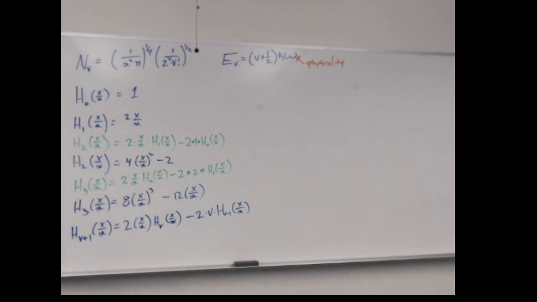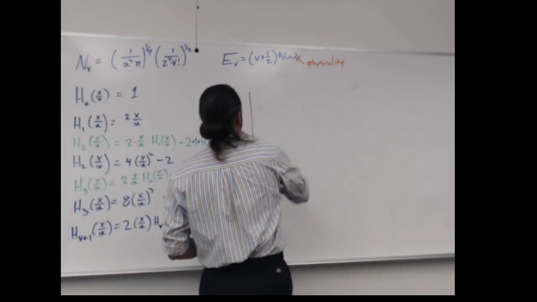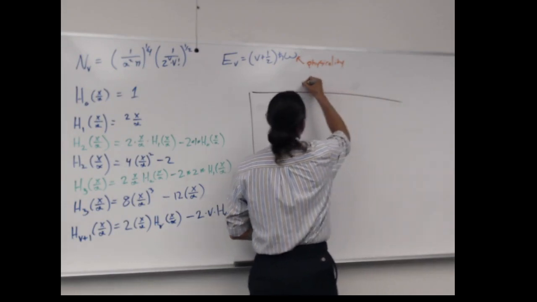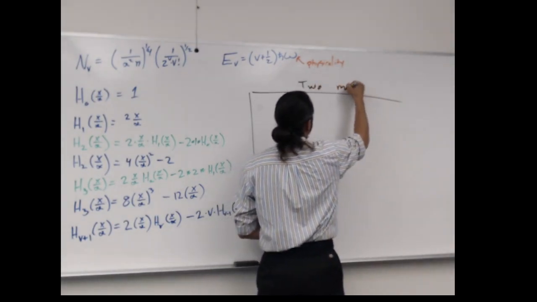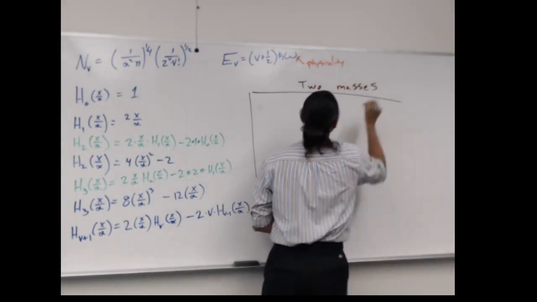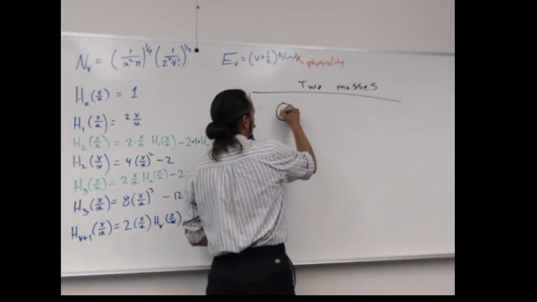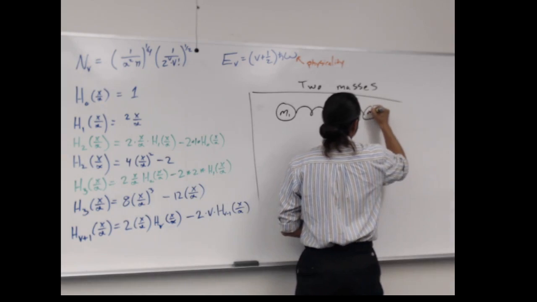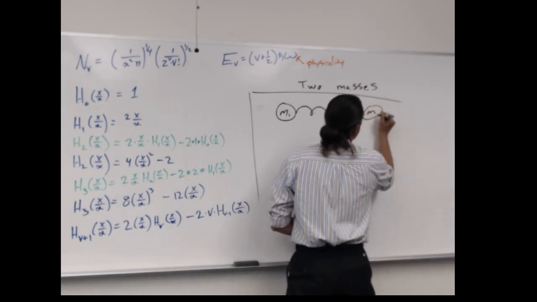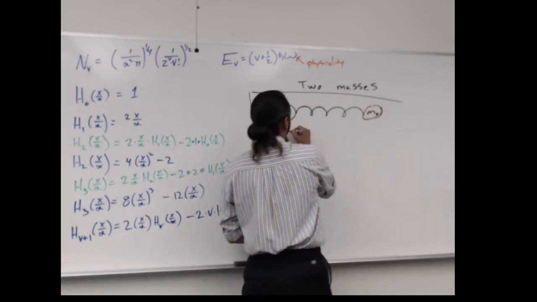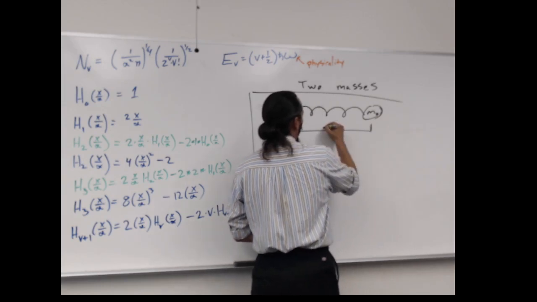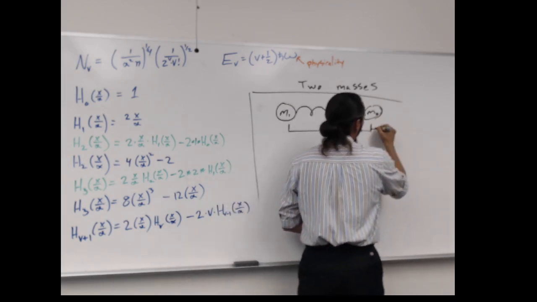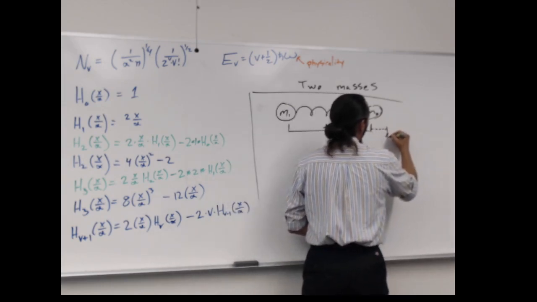Okay. Let me show you one more thing real quickly, and then we'll get to the quiz. That is for 2 masses. So if we do 2 masses, we have this type of setup. That would be our L naught. We could have some displacement of L2.